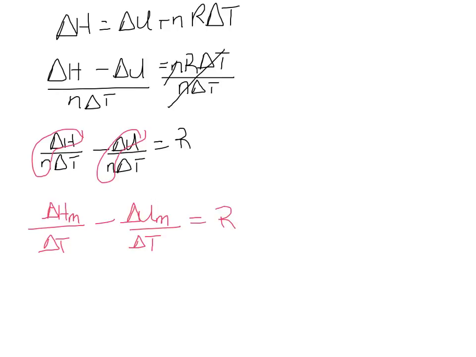Now if you go back to our previous video where I showed you the relationship among Q, the heat capacity at constant pressure, enthalpy, and internal energy values, you will see that the molar enthalpy divided by delta T is the same thing as the constant pressure heat capacity per mole.